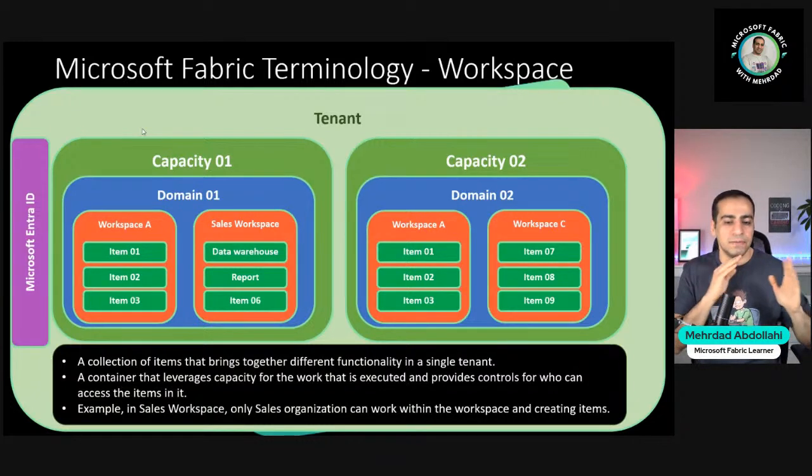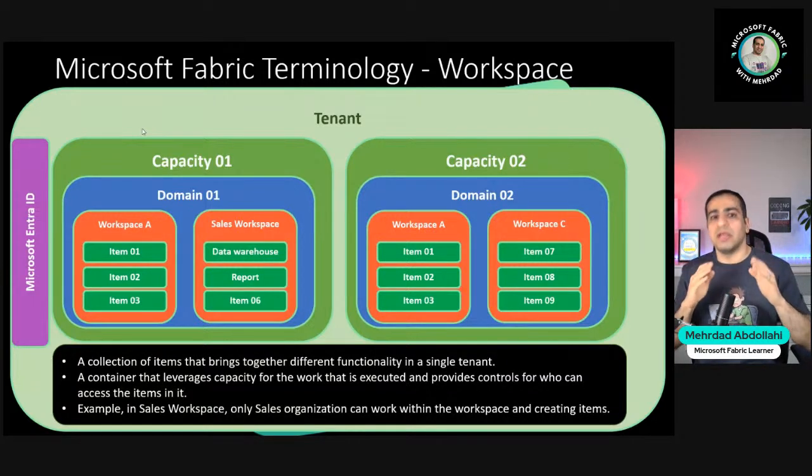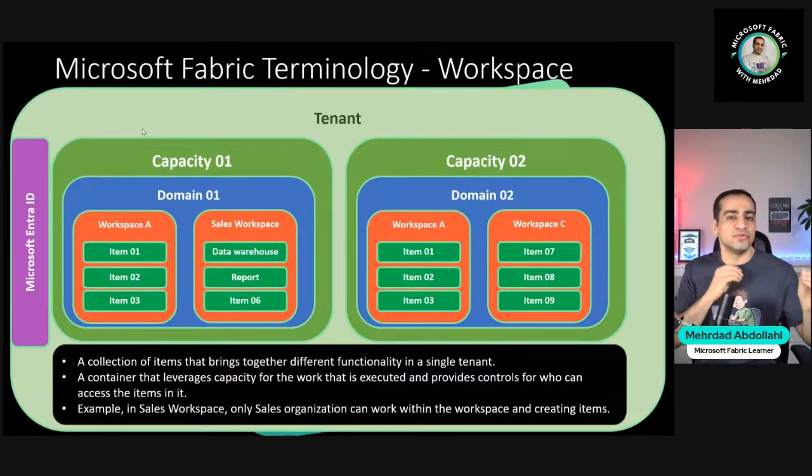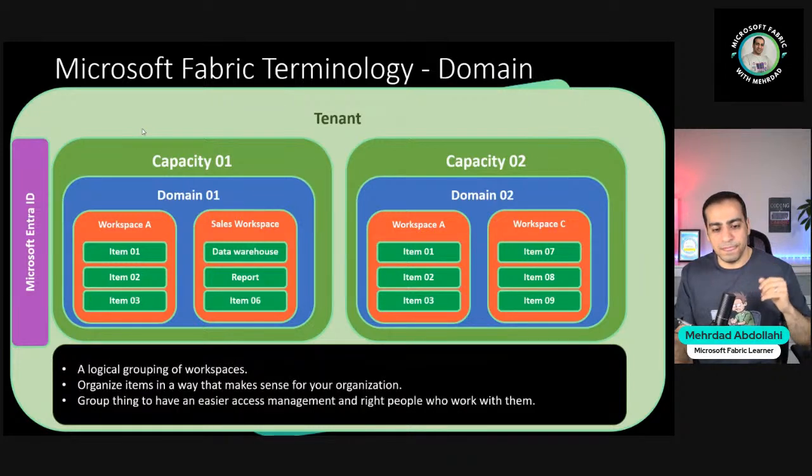For example, in a sales workspace, we have sales items, of course, and only the sales people can work and interact with these items. So workspace is for collecting and grouping the items, and also for helping to have a better management of the items.